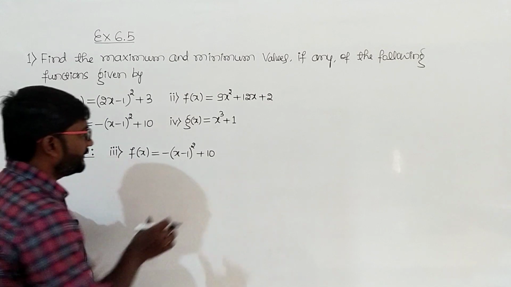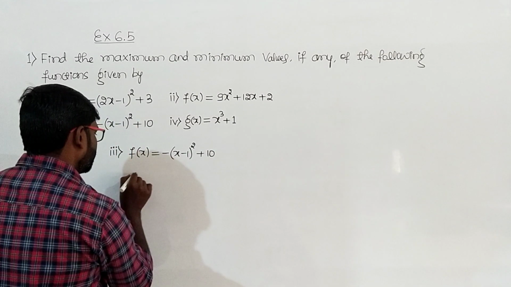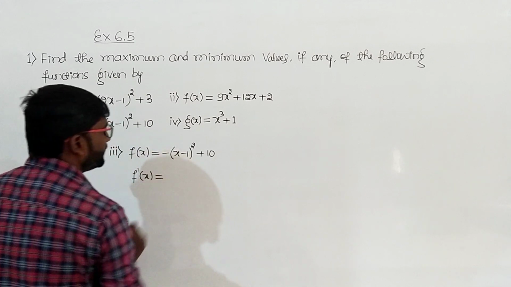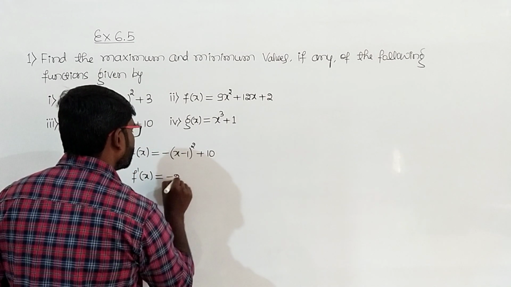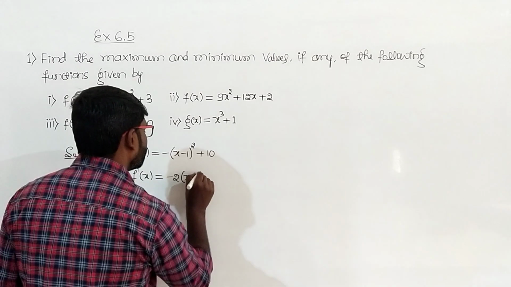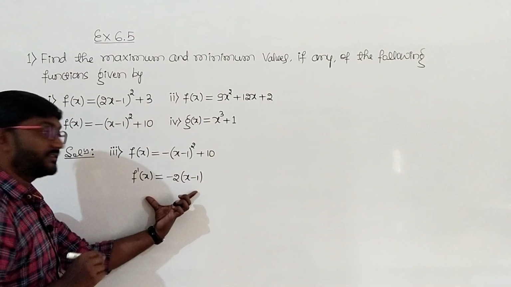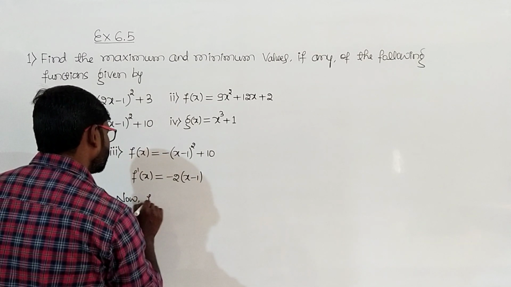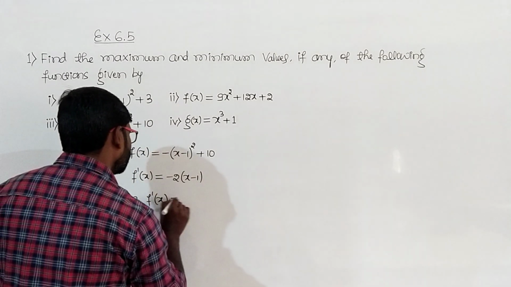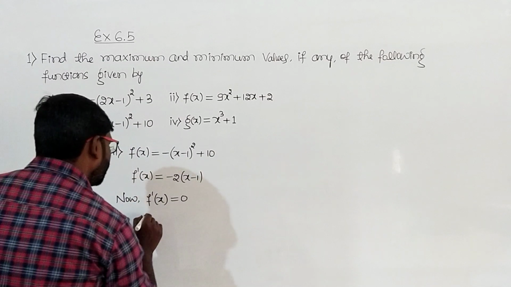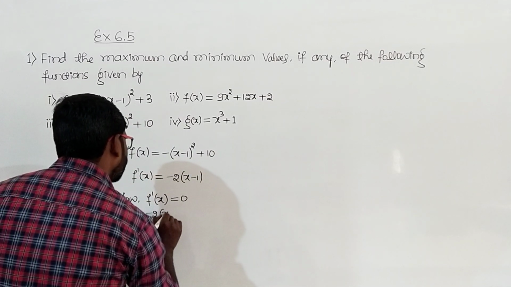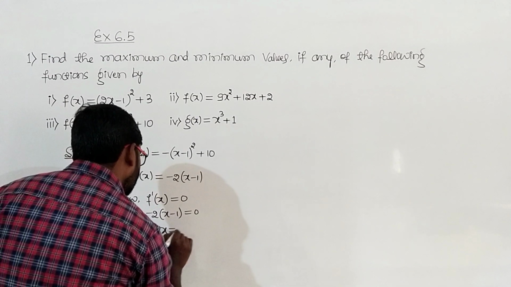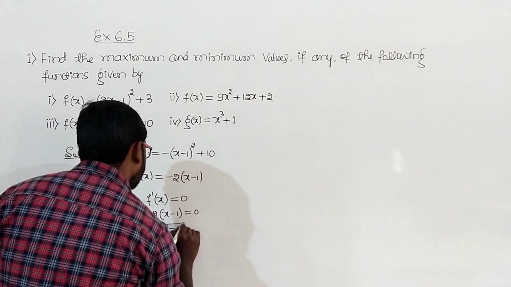So we have to go for f dash of x. f dash of x equals minus 2 into x minus 1. Then equate this with 0. Now f dash of x equal to 0. So minus 2 times x minus 1 equal to 0, and then x equals 1. We have x equal to plus 1.